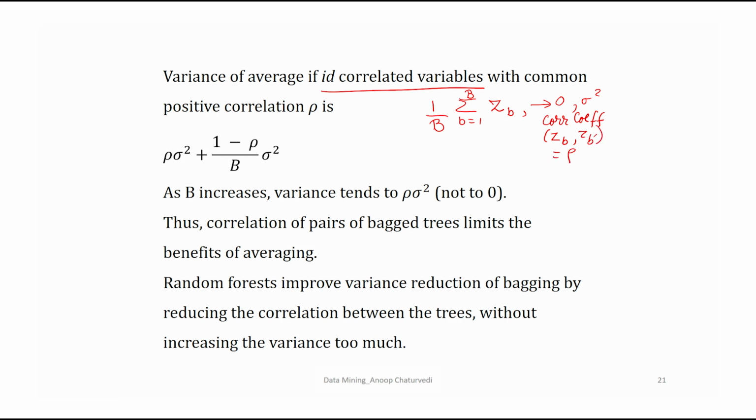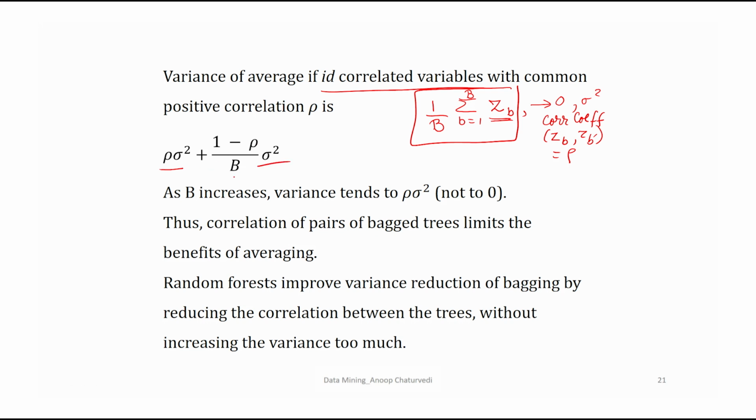Then you can easily verify that the variance of 1 upon B summation over b of Z_b, that is the mean, is rho sigma square plus (1 minus rho) upon B sigma square.